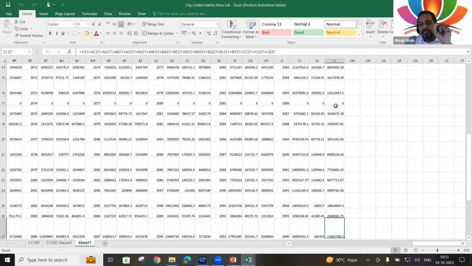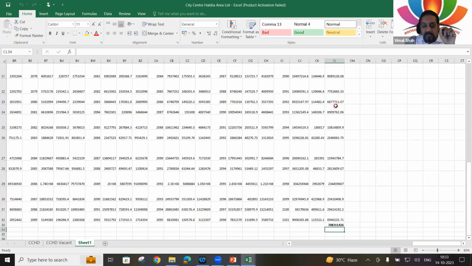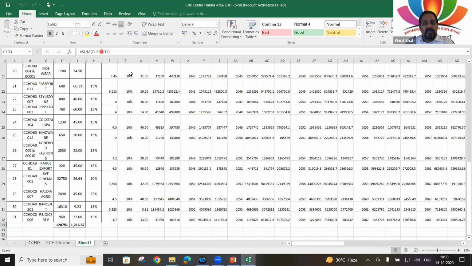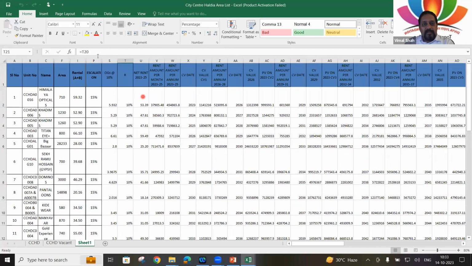Now that builder wanted to sell it for 7 crore. So using different rates of interest, by trial and error, I saw at what rate of interest my net present value comes to 7 crore. That will be my IRR. It was coming at 9.5%.